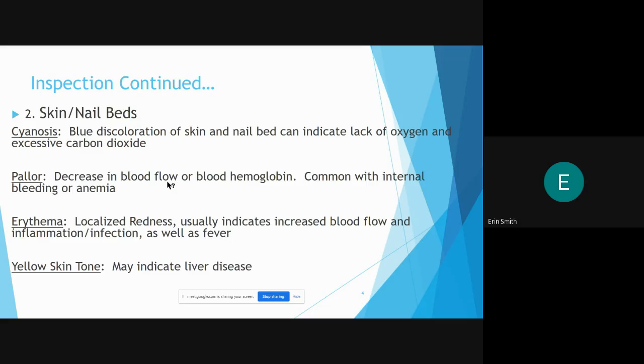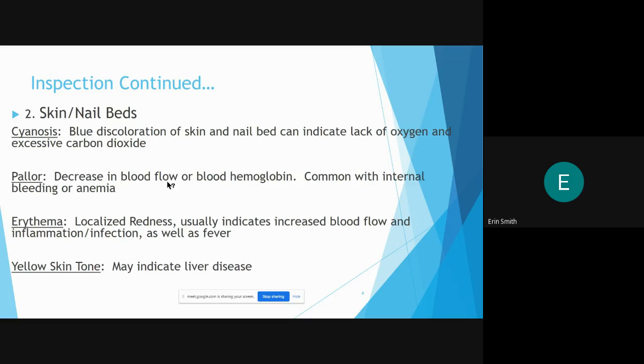But one thing I've learned over the years is that sometimes it is maybe seconds from when I notice a patient having some pallor to them passing out on me, or coming very close to passing out. So that is definitely a skin color that you don't want to ignore.